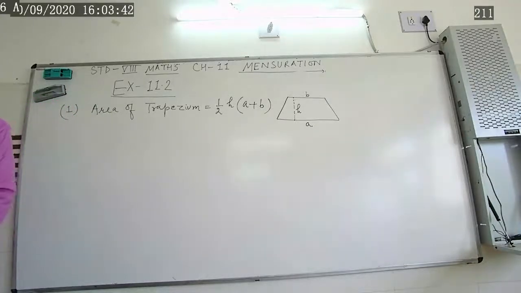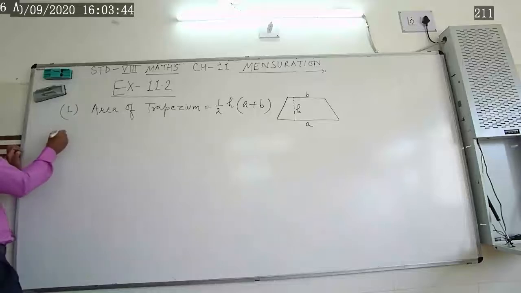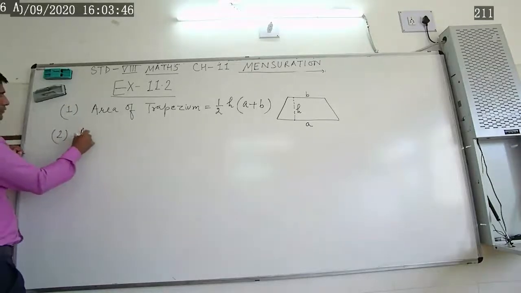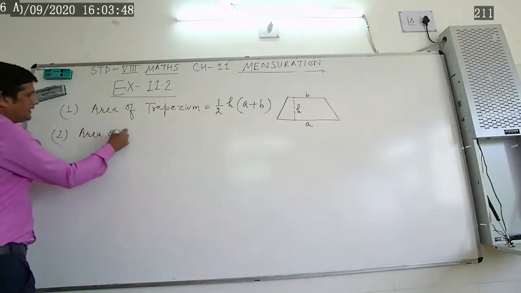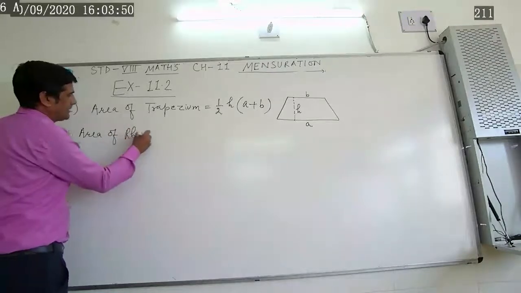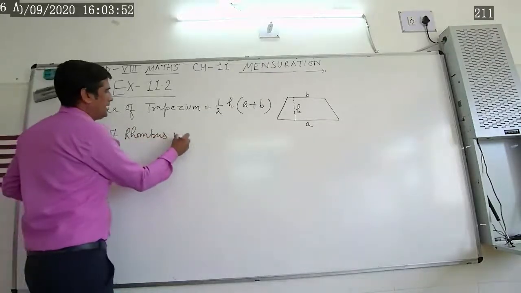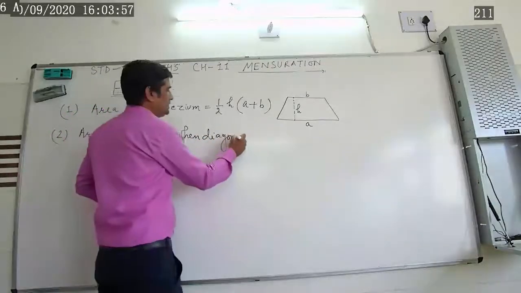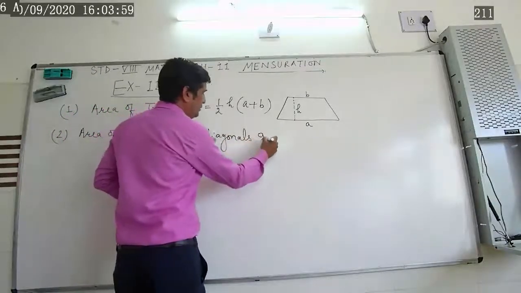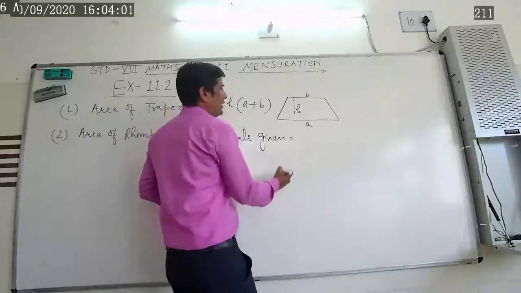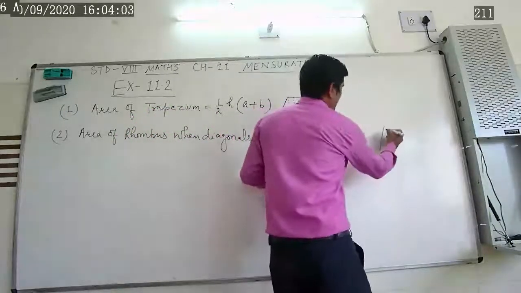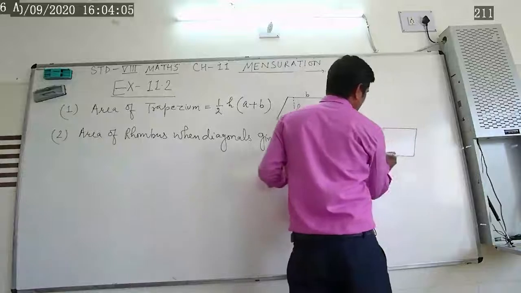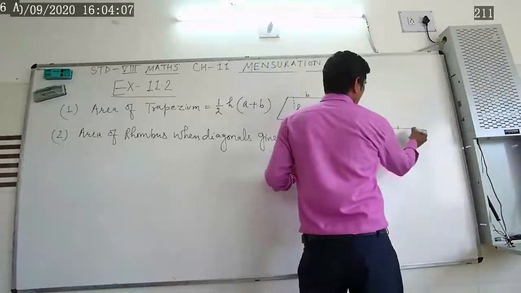Clear? Next one is the second formula, area of rhombus when diagonals are given. जब diagonals दिए हो तो area of rhombus क्या होगा? Draw the shape of the rhombus, in which all sides are equal. What I told you?